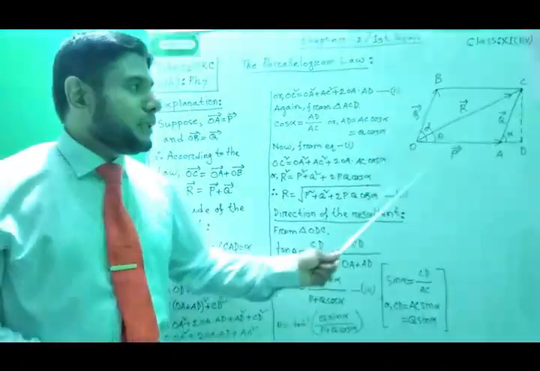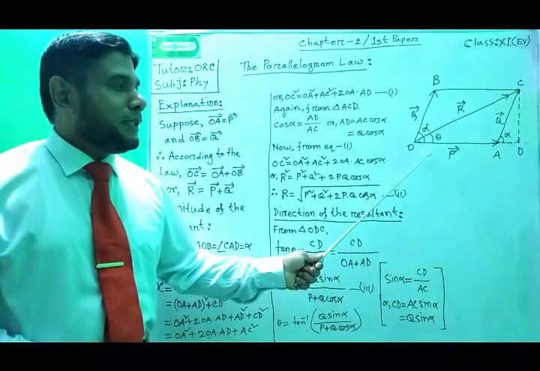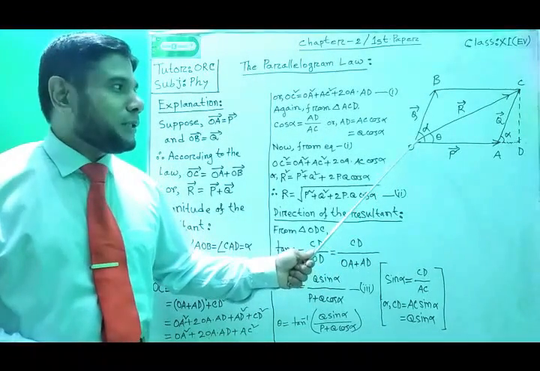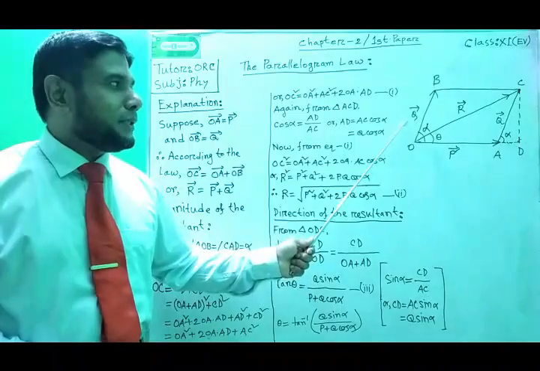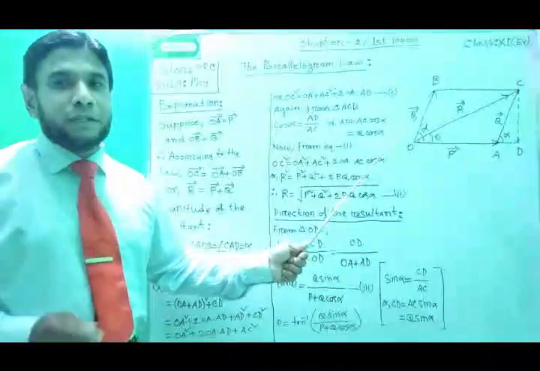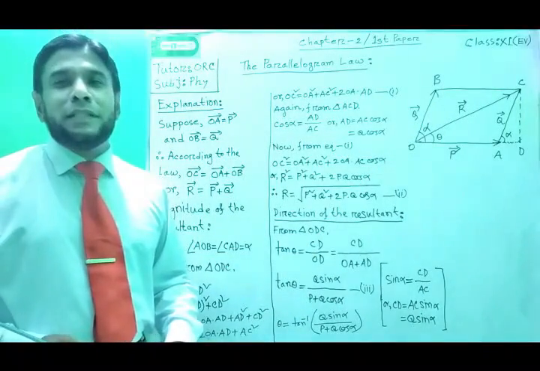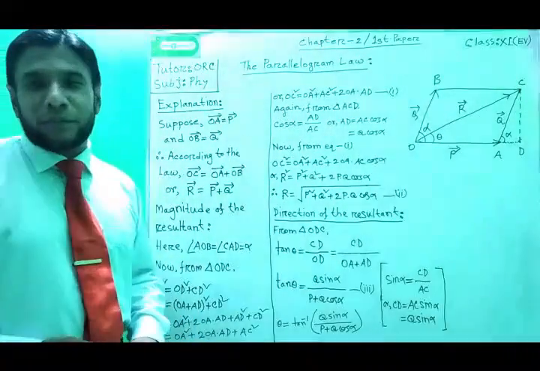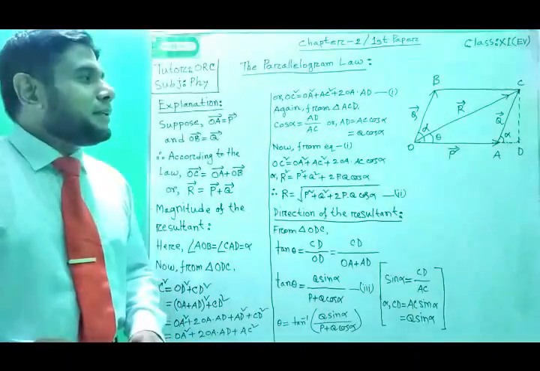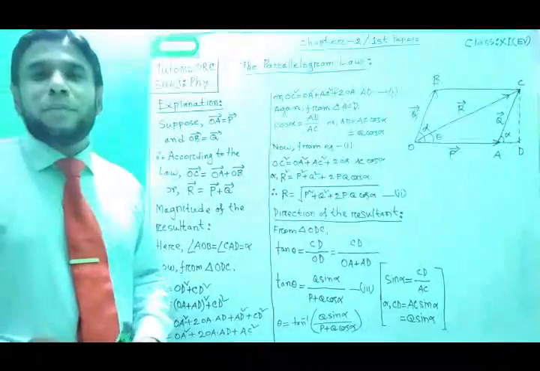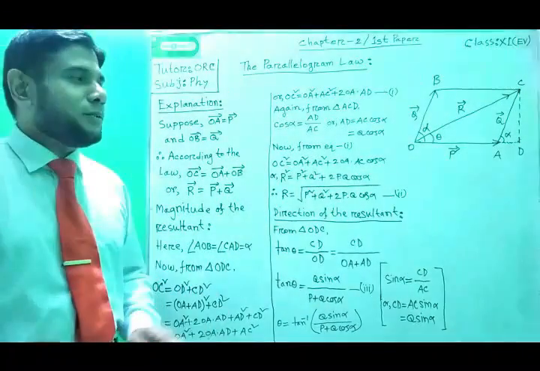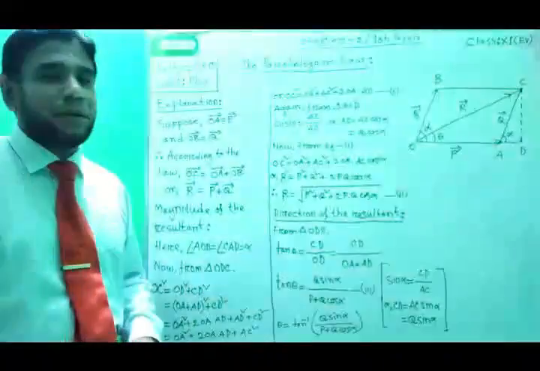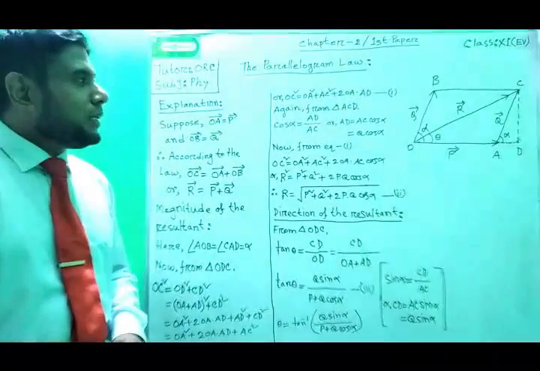Then along side OA you must submit the electromotive force, and along side OB you must submit the electromotive force. This is why the information is given in the parallelogram law: if two similar vectors. I hope you are clear what two similar vectors means according to the parallelogram law.